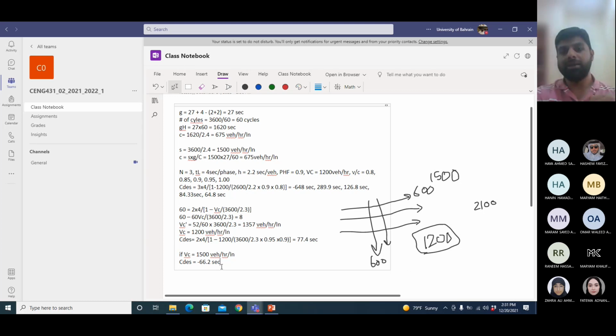We saw in the first part of this problem that we can get a positive cycle length if the space restriction is removed, because then we can introduce more lanes. So in these two examples, you have seen the effect of V by C ratio and VC on cycle length, and VC is linked with the number of lanes you have.